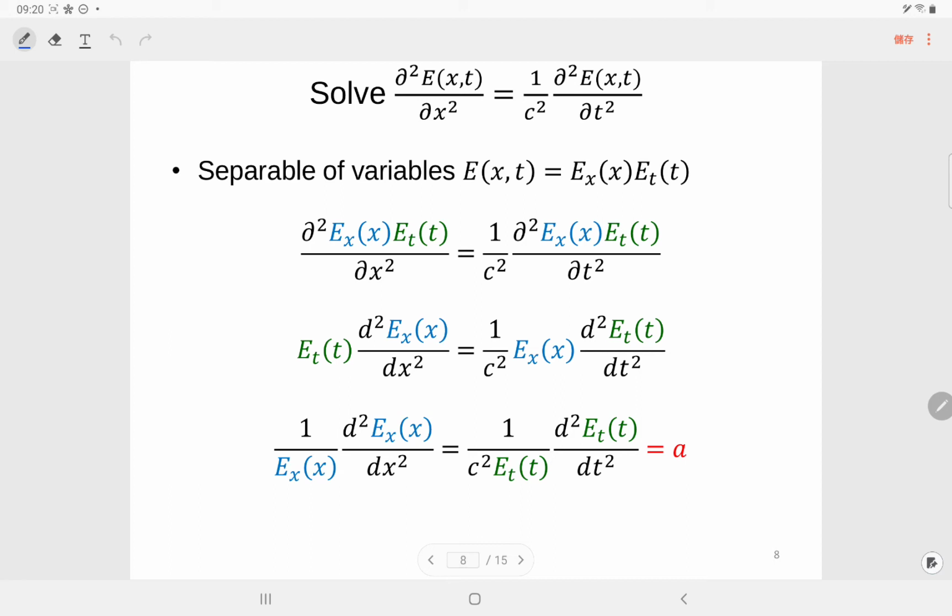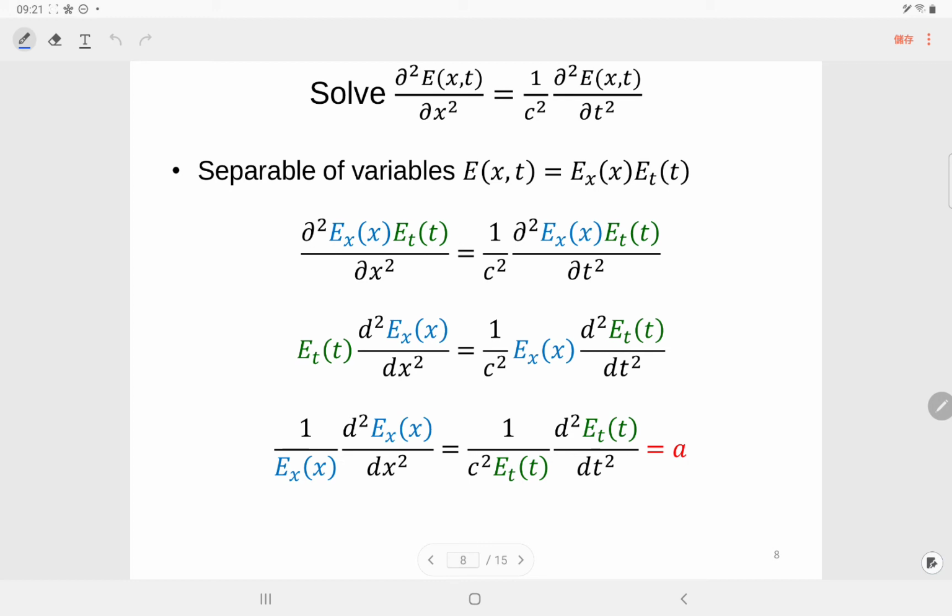But for a simple PDE, when you try to solve it, the first method you should try is separation of variables. Maybe it doesn't work, but just give it a try. Maybe it works, and it will give you a simple solution.